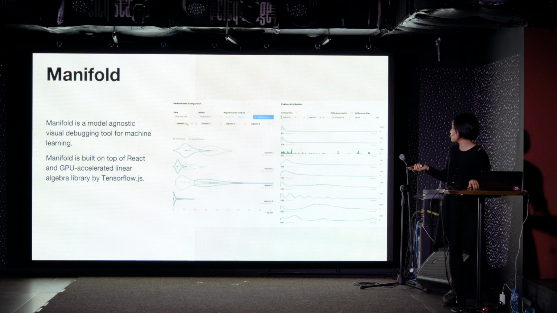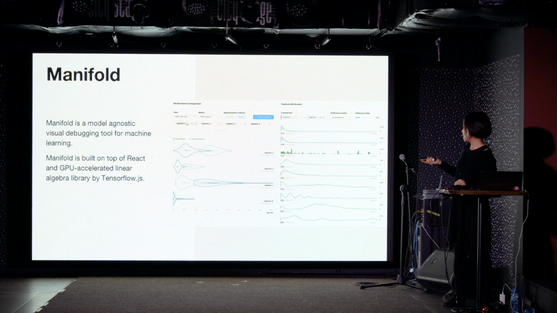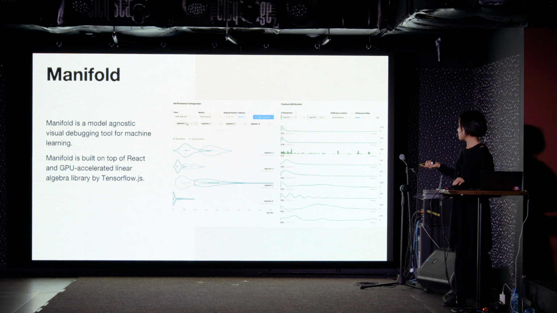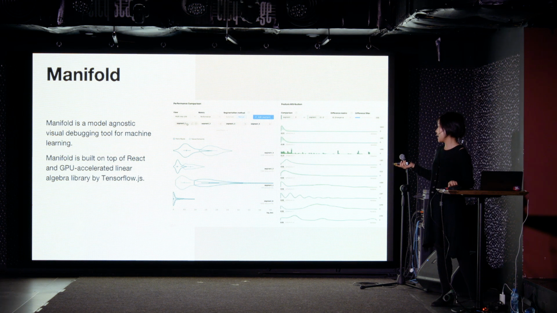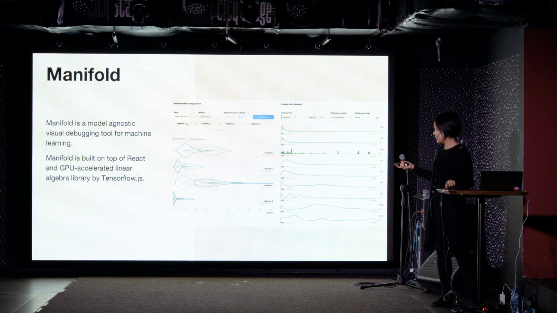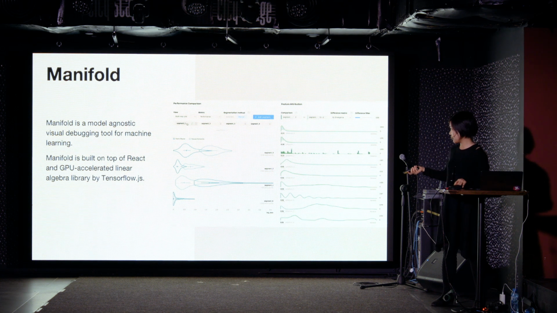And particularly today, I'm going to discuss Manifold, which is a package for model-agnostic visual debugging for machine learning models. Manifold is built on top of React and other GPU-accelerated linear algebra libraries developed by TensorFlow. So we are leveraging the GPU-accelerated functionality from TensorFlow.